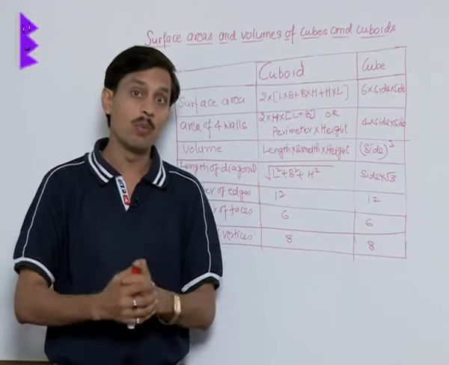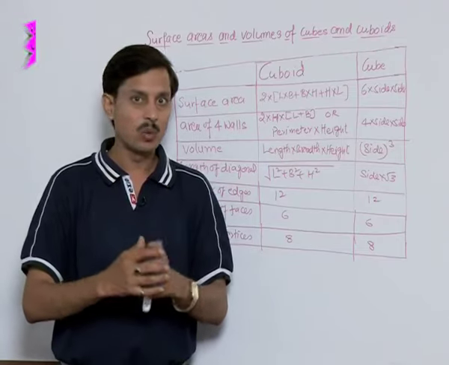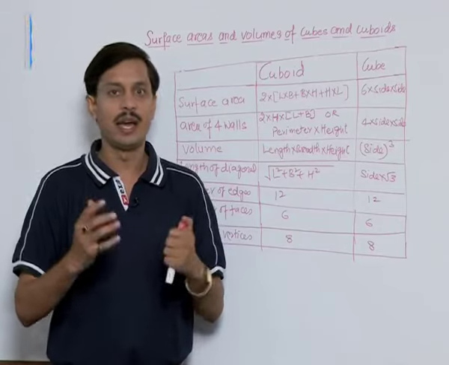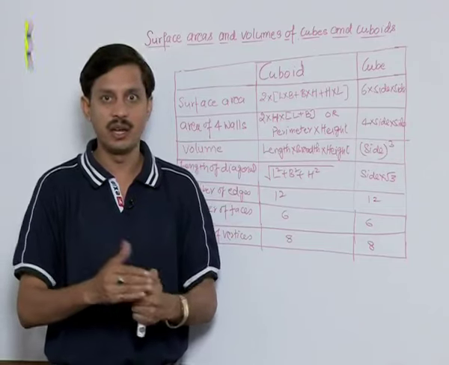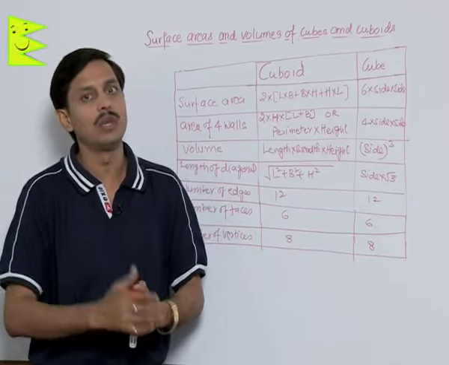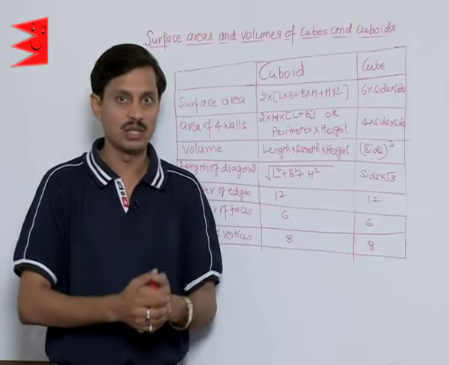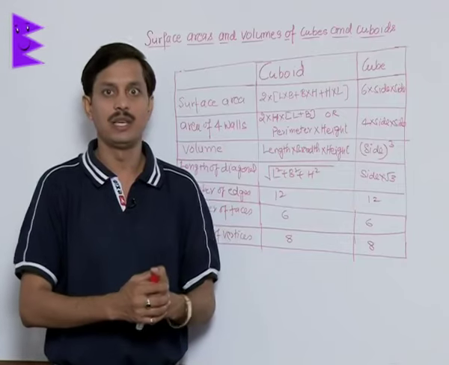A cube or cuboid has 12 edges. What are the 12 edges? There are 4 lengths, 4 breadths and 4 heights. All 4 heights are of equal length, all 4 lengths are of equal size, all 4 breadths are of the same size.